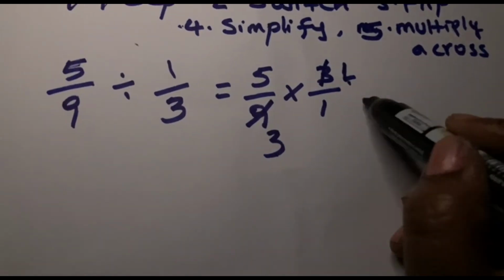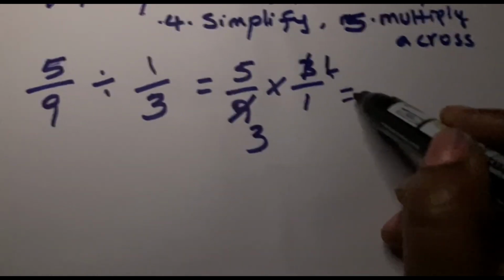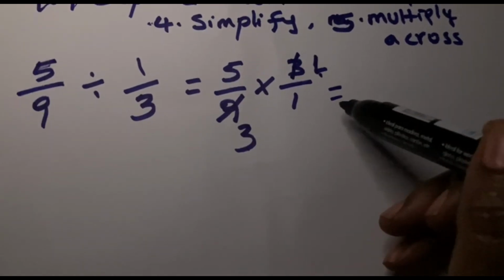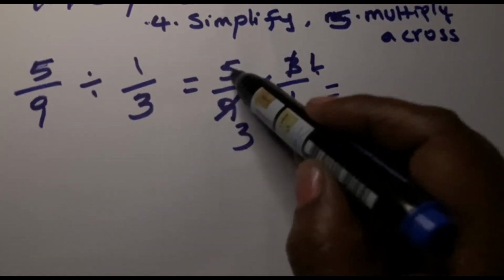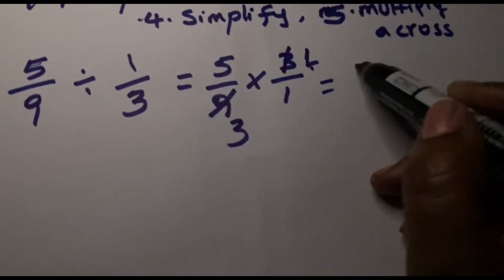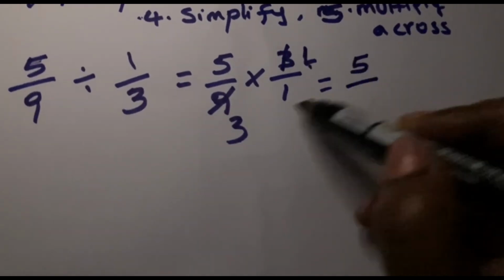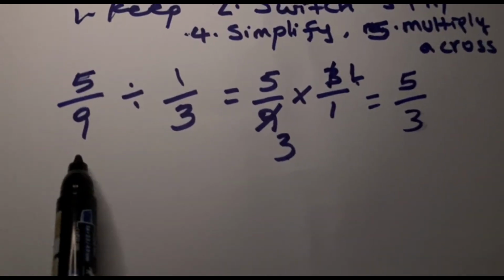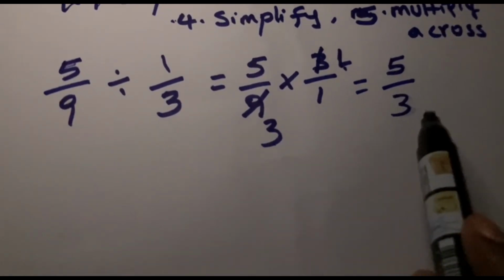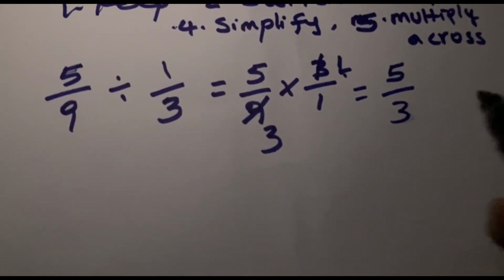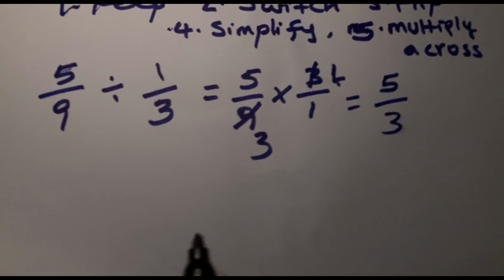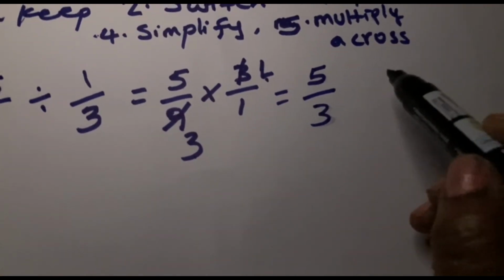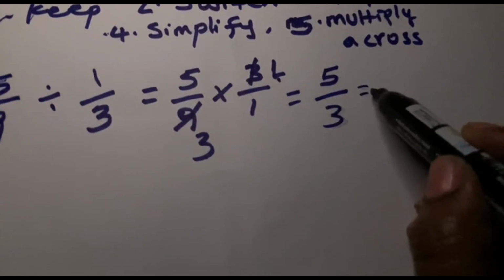Now we finish our simplification. The next step is multiply across. 5 multiplied by 1 is 5. 3 multiplied by 1 is 3. So 5/9 divided by 1/3 is 5/3. Since the numerator is greater than the denominator, we can change it into a mixed fraction.